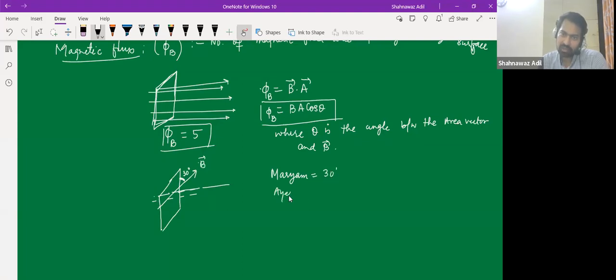Aisha and Saad, you guys step in. Remember that the angle theta is between the area vector and the magnetic field. 60 degrees. Okay, so Aisha is saying 60.